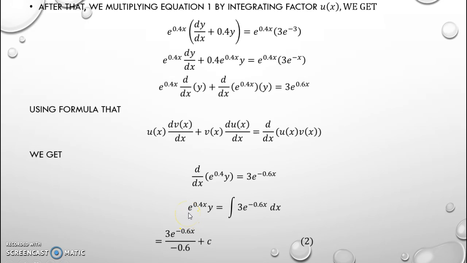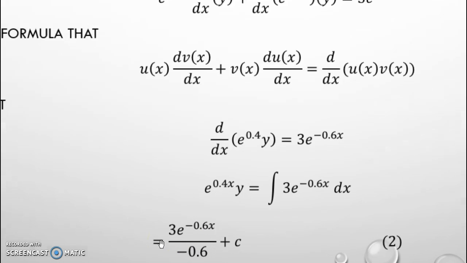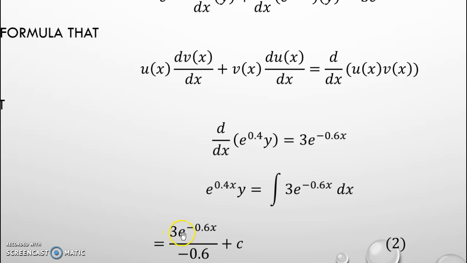Then we get e to the power of 0.4x y equal to the integral of 3 e to the power of negative 0.6x dx. Then we get 3 e to the power of negative 0.6x over negative 0.6 plus c.